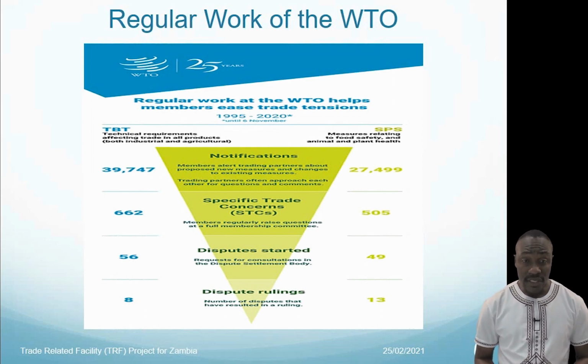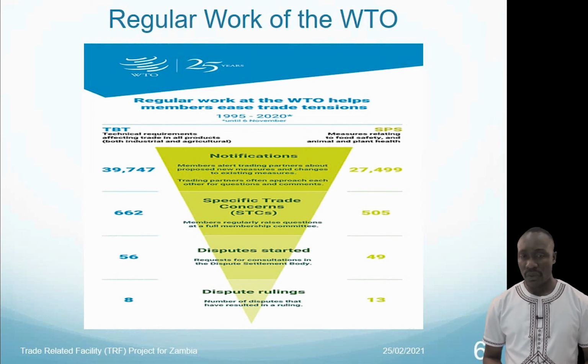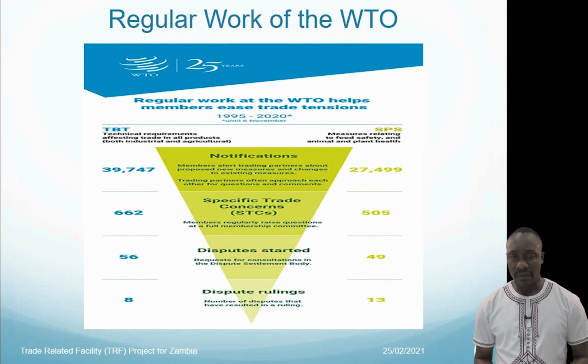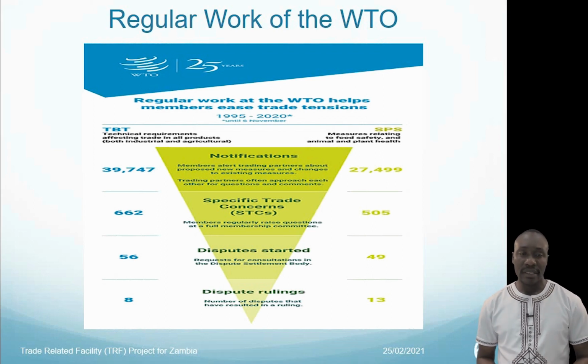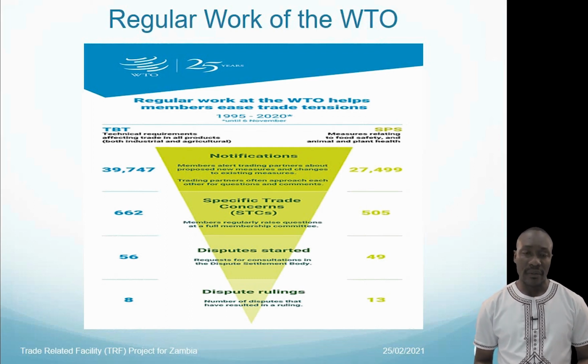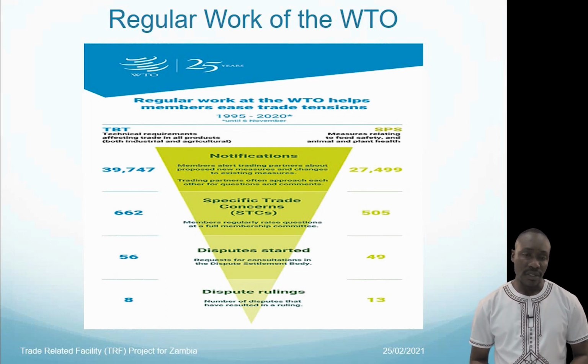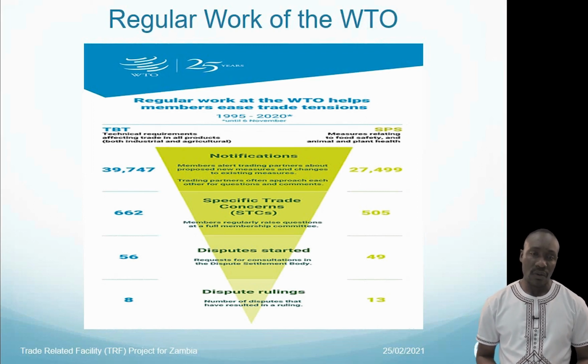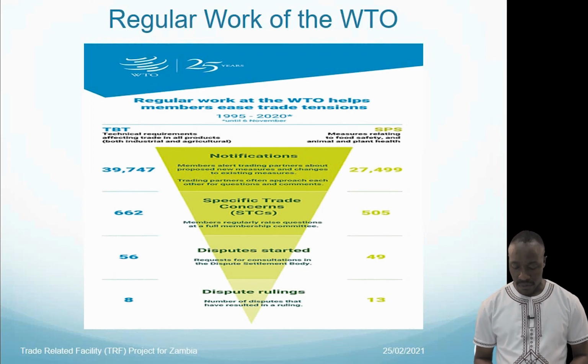Specific trade concerns: you have 662 for TBT and 505 for SPS. Disputes that have been started: we have 56 on the side of the TBT and 49 on the side of the SPS. And finally, the rulings when these disputes have been settled: you have 8 for TBT and 13 for SPS.